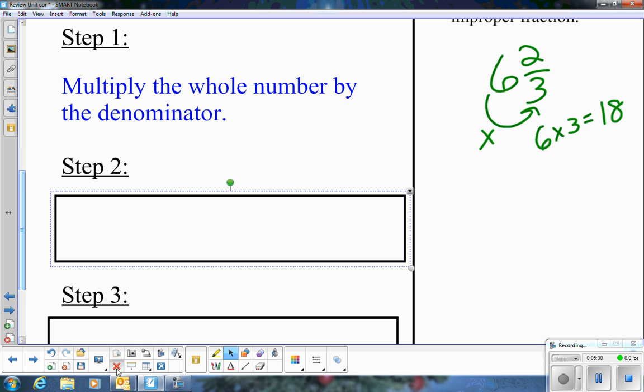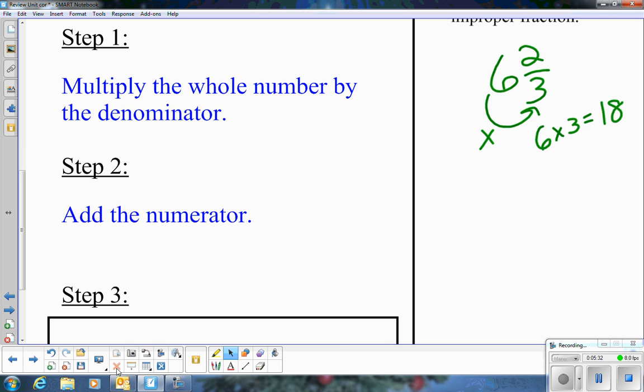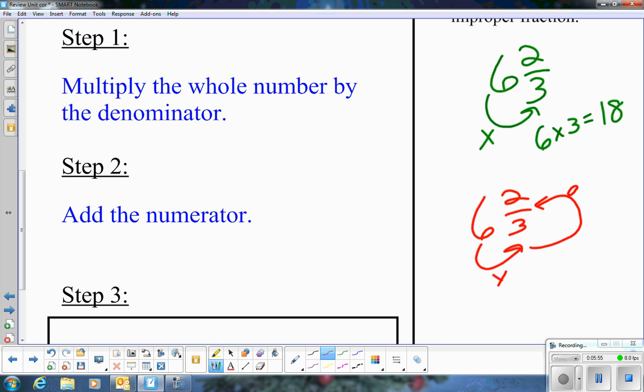Step 2, add the numerator. Think of it again as pizzas. We had 18 slices from the whole pizzas, plus we had that one pizza that we only had 2 slices left out of 3. So we've got to add that to my pile if I want the total pieces. So I had my 6 2/3. I multiplied. Then I add.